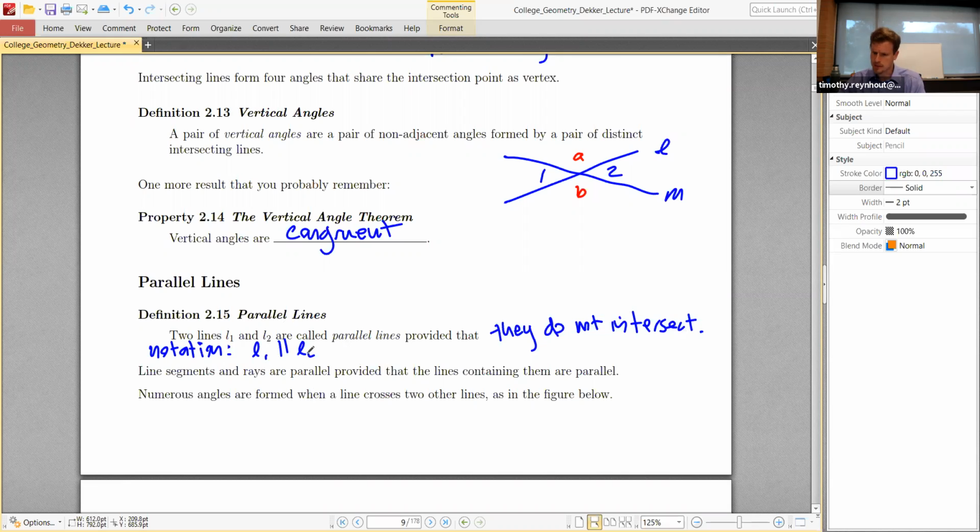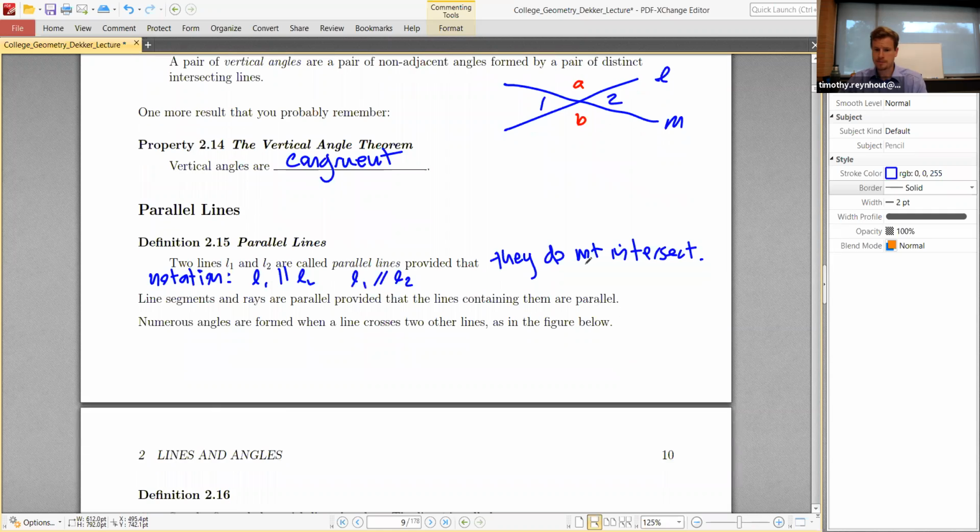In some texts, these two lines are slashes, so you might also see L1 parallel to L2. It might be a pair of vertical lines, might be a pair of slashes. Both would indicate that the two lines are parallel. Excellent. So that's how we handle lines.